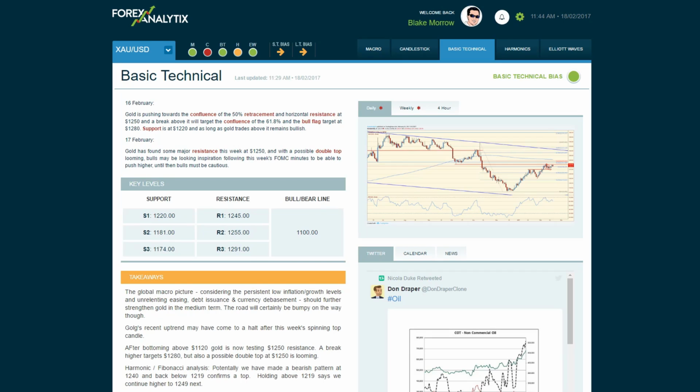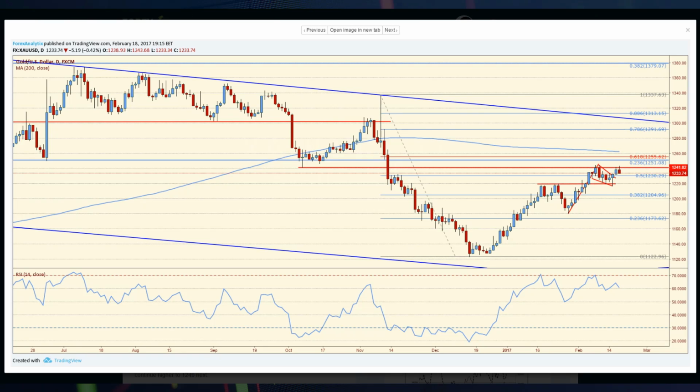If you look at the gold market, and this is the daily, you'll notice that we might have set up a double top. We've got major resistance here, all around 1250. You can see the previous support here. We also hit it as resistance earlier, and now we're hitting resistance again.